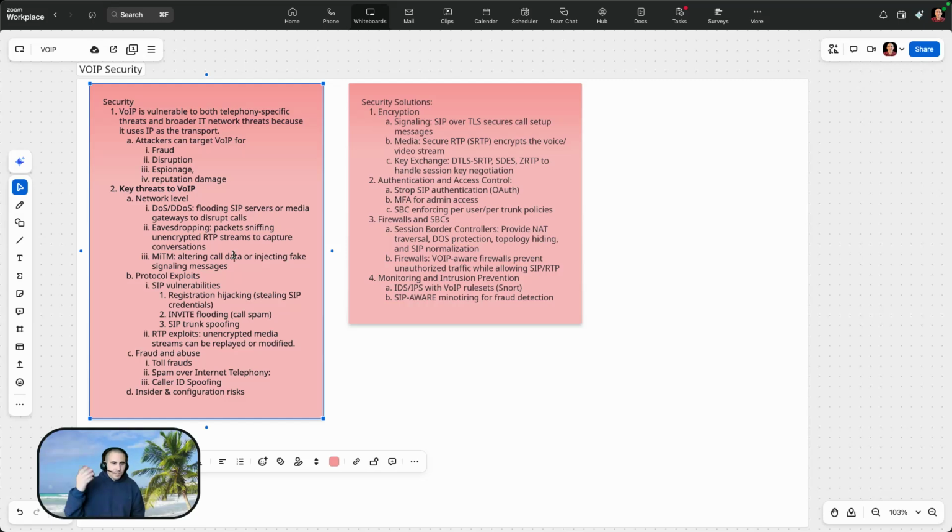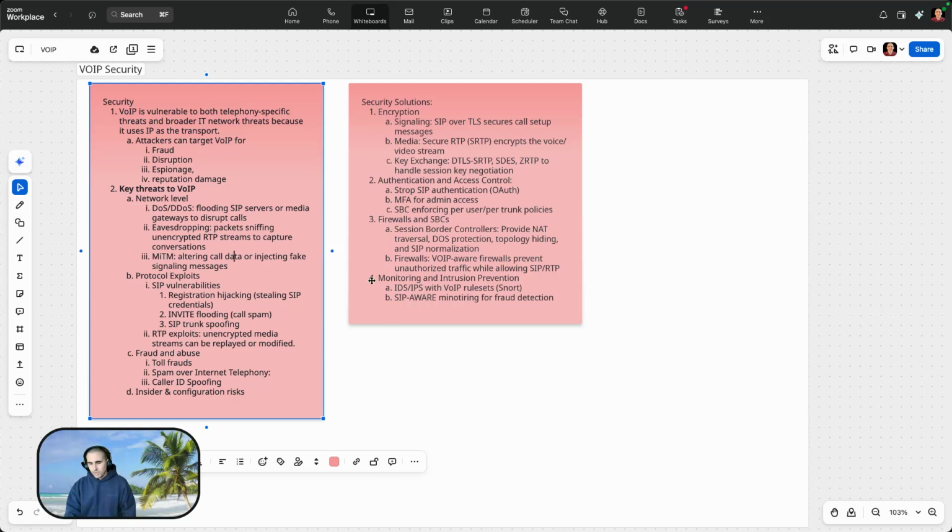If the data can't be used because it's encrypted, then who cares if they have it? So that's kind of where it starts. Then segmenting the networks, using VoIP VLANs separate from data, using SBCs as gatekeepers, strong authentication and rate limiting.